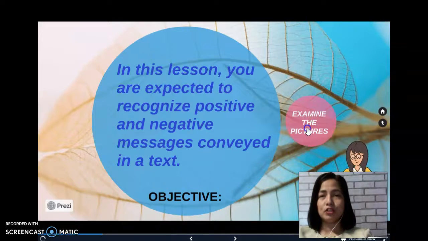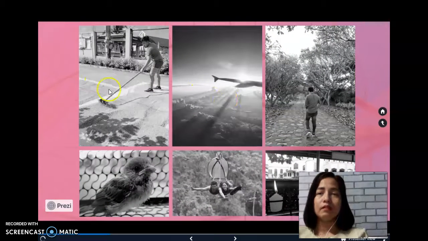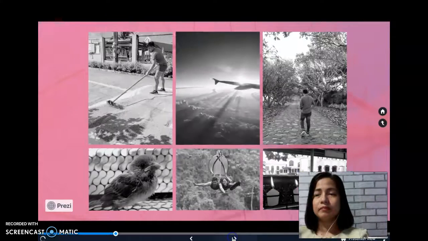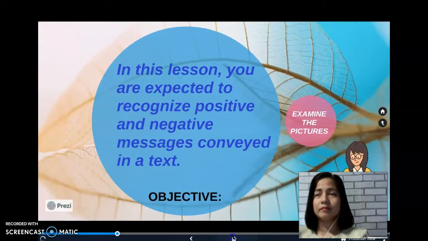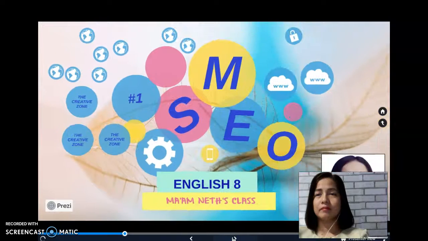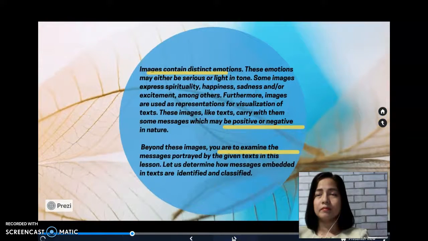Examine the given pictures. Picture A, B, C, D, E, and F. What do they have in common? What do they suggest? Images contain distinct emotions.